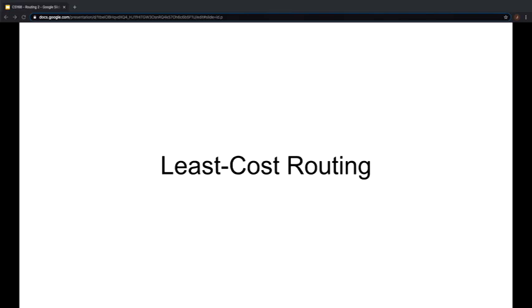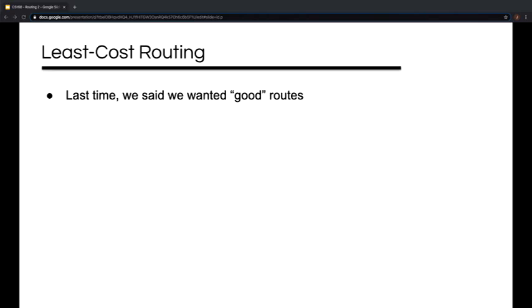So now I'm going to introduce this concept of least cost routing. Last time we mentioned that we wanted good routes, right? And what was the first thing that we said, the most important thing that makes a route good? It lets the packet get to the destination, right? It works.